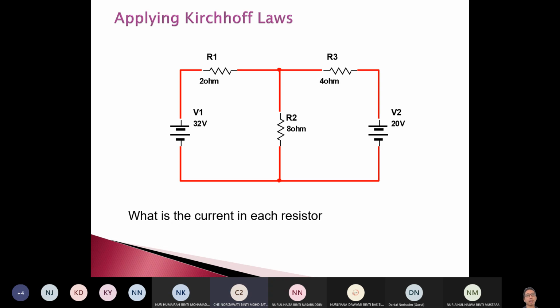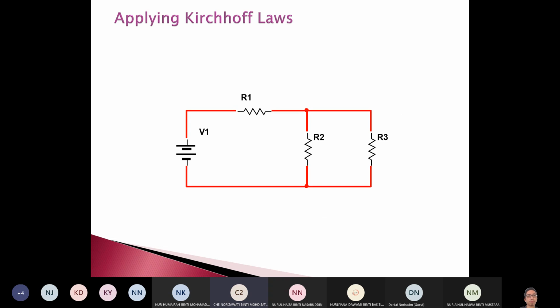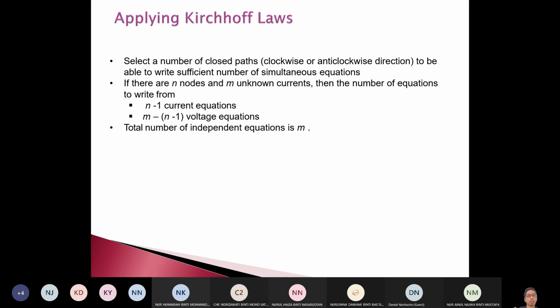So we have 3 currents. What is our I? First, according to the law, how many nodes do we have?